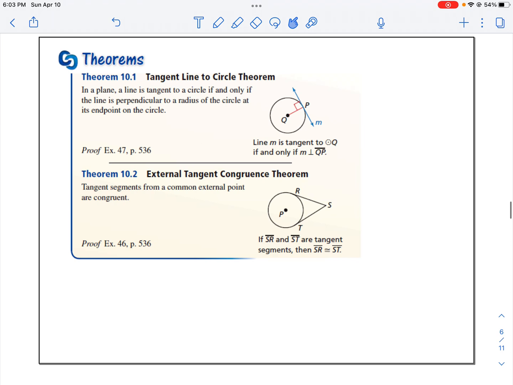Okay, now two properties we have here are the tangent line to center theorem and the external tangent congruence theorem. Now this one is just a fancy way of saying if you have a tangent, it has a radius that creates a 90-degree angle. So the formal definition is, in a plane, a line is tangent to a circle if and only if it is perpendicular to the radius of the circle at its endpoint.